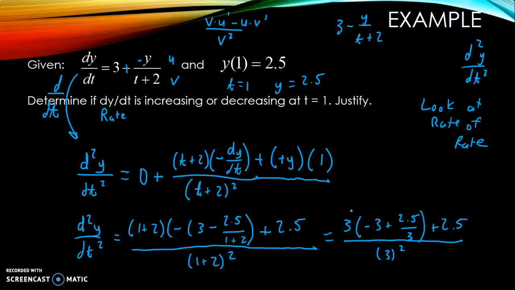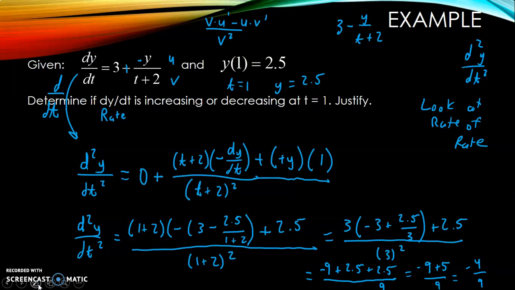So I'm going to distribute this 3 on top because when I do, it's going to cancel this 3 out. So 3 times negative 3, negative 9. 3 times 2.5 divided by 3, those 3's cancel out. I get 2.5 plus 2.5 over 9. So negative 9 plus 5 over 9, which would be negative 4/9. The important part is that it's negative.